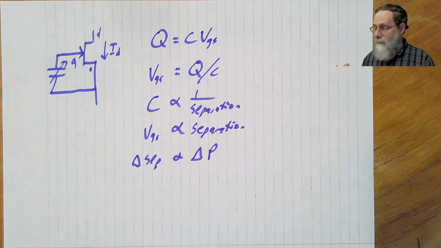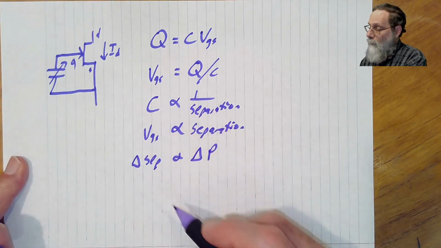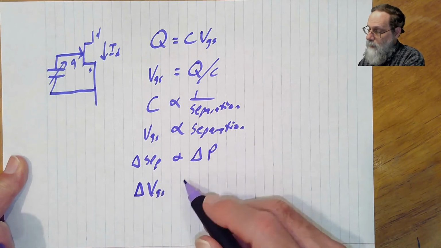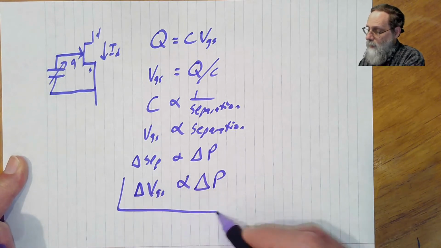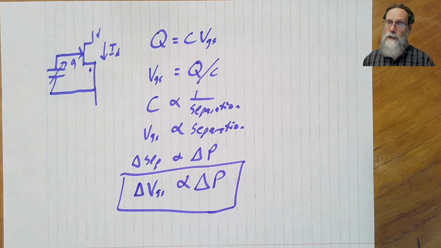But basically, if you think of the thing as a linear spring, small changes in pressure produce a small linear change in the separation. So overall, that tells us that the change in the gate to source voltage is proportional to the change in pressure. That is, this is a linear device. The gate to source voltage is linearly related to the pressure.